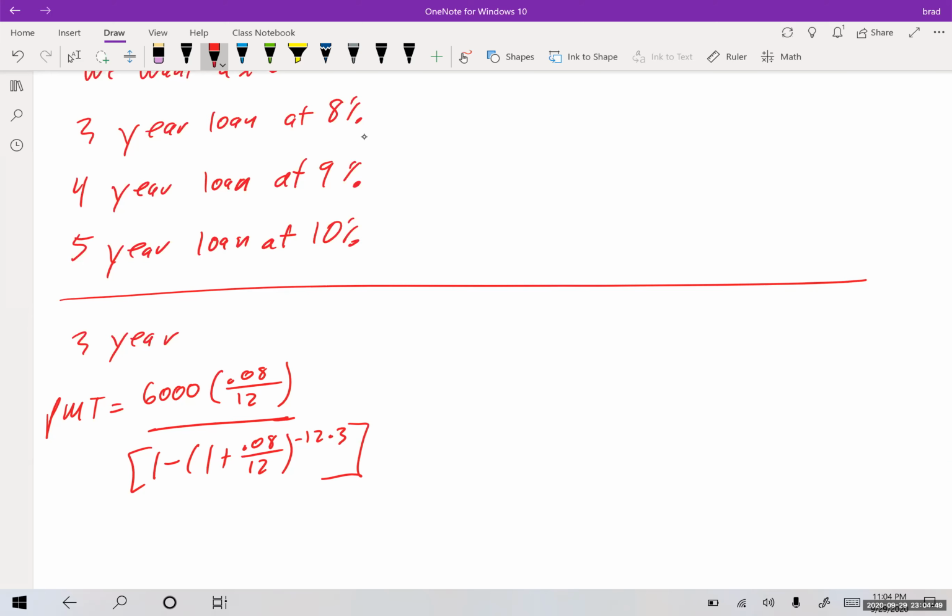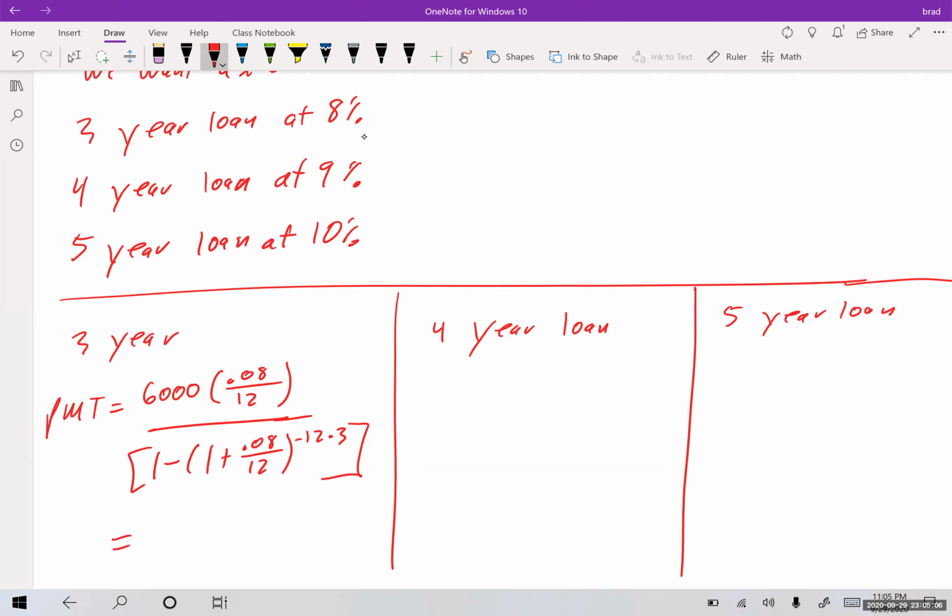So why don't you guys pause the video and find that one, then do the 4-year loan, and then the 5-year loan right here. So pause the video and find these three. And then when you come back, we'll finish it up together to make sure you're in the right spot.